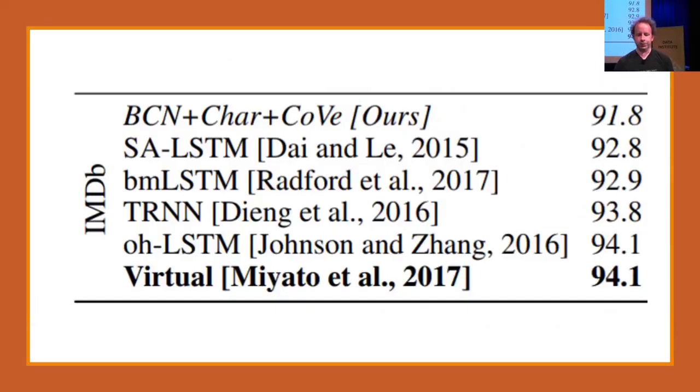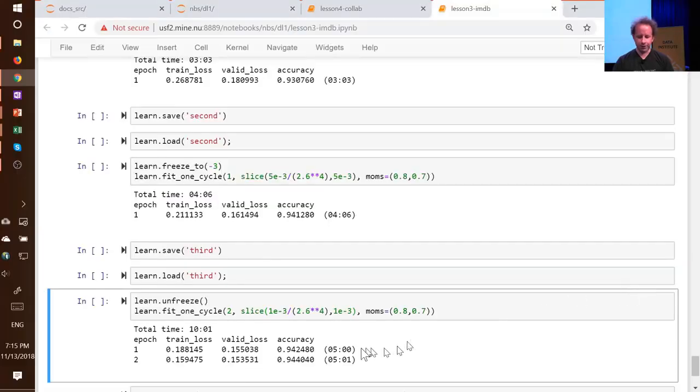If we compare it to last year's state-of-the-art on IMDb, this is from the CoVe paper from McCann et al. at Salesforce Research. Their paper was 91.8% accurate. In the best paper they could find, a fairly domain-specific sentiment analysis paper from 2017, they got 94.1, and here we've got 94.4.